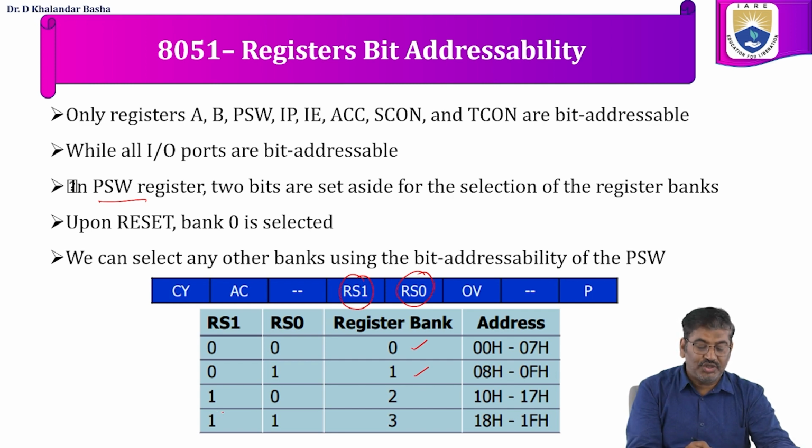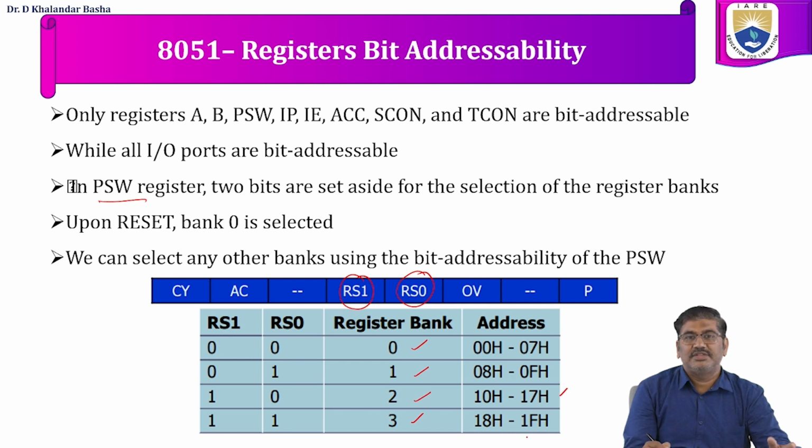When RS1, RS0 is equal to 10, register bank 2 is selected, which has the addresses 10H to 17H. Next, when RS1, RS0 is configured as 11, register bank 3 will be selected, where the addresses for this register bank are from 18 to 1FH.